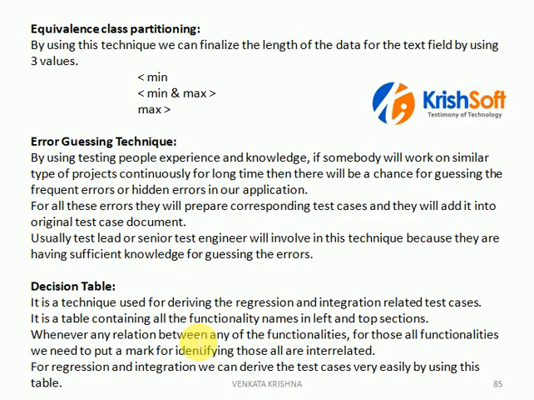This error guessing technique is done by experienced people using their knowledge. The experienced people write some test cases where they think we may get bugs in our application. That is the error guessing technique.